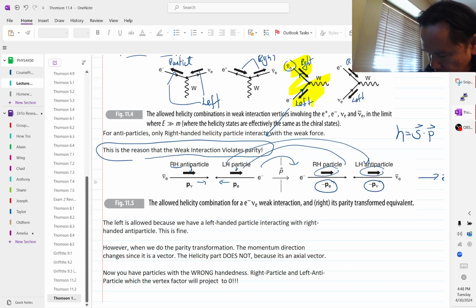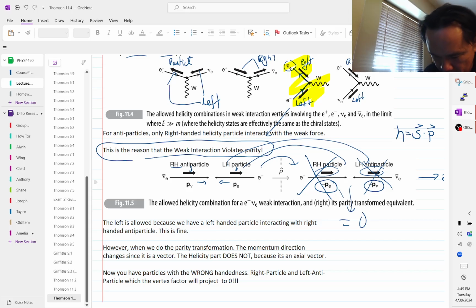It stays the same. Now we have a right-handed particle, which is not allowed under the weak interaction. They don't couple to the weak force. And then a left-handed antiparticle, which also does not couple to the weak force. Therefore this scattering interaction can never happen, so the amplitude for this is equal to 0.